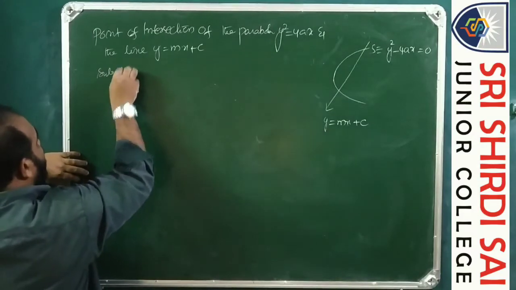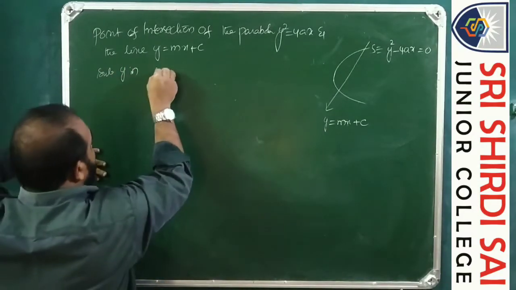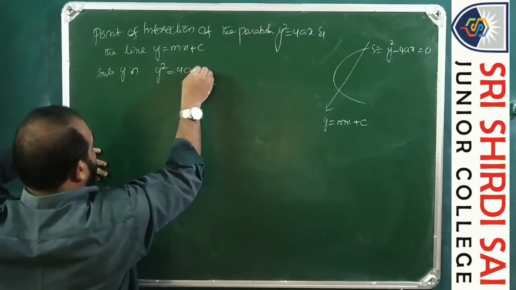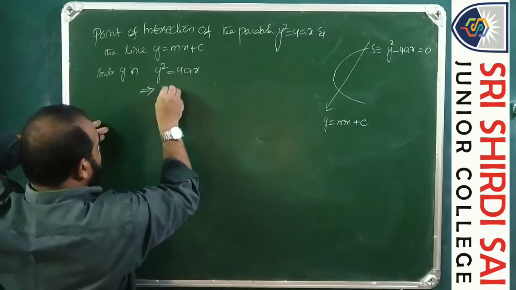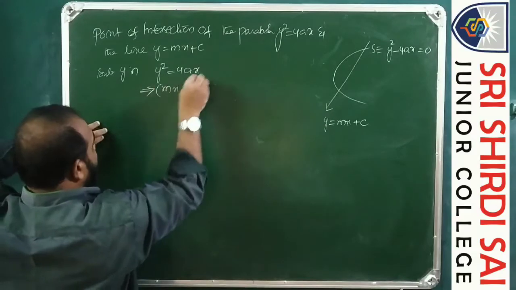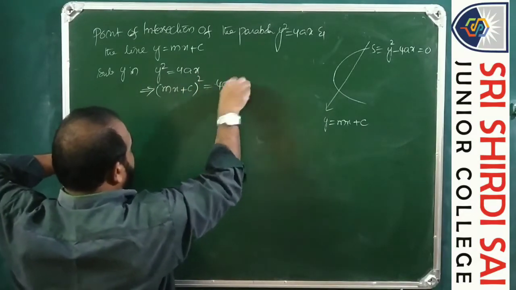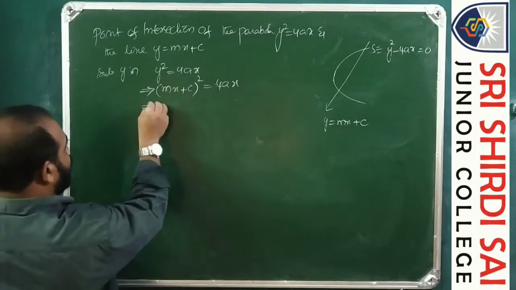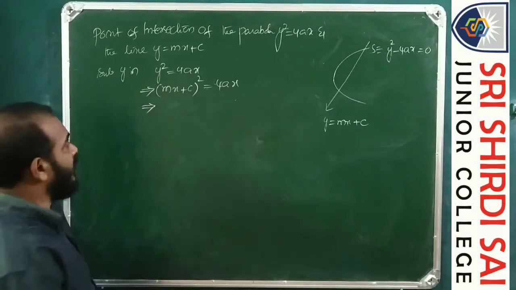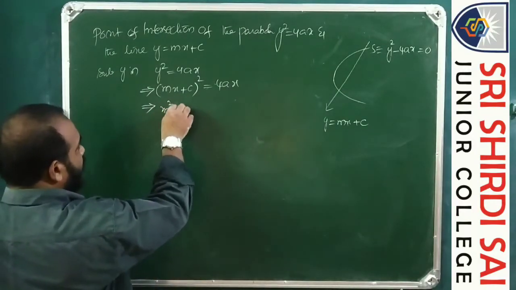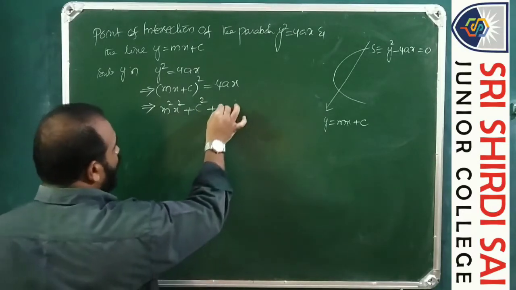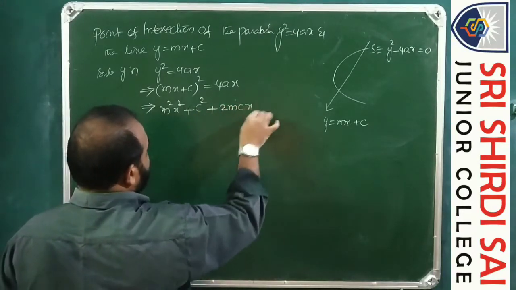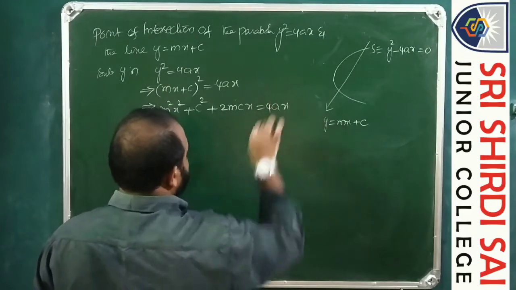Substituting y in y square equals 4ax, we get (mx plus c) whole square equals 4ax. This is (a plus b) whole square: m square x square plus c square plus 2mcx equals 4ax.